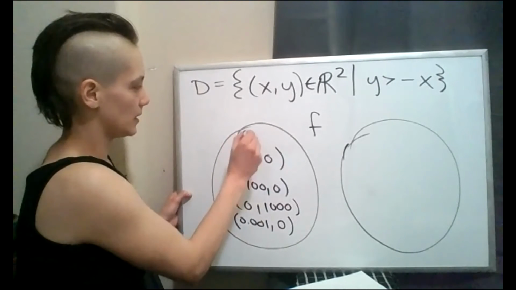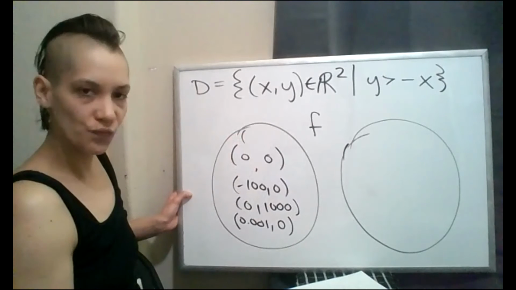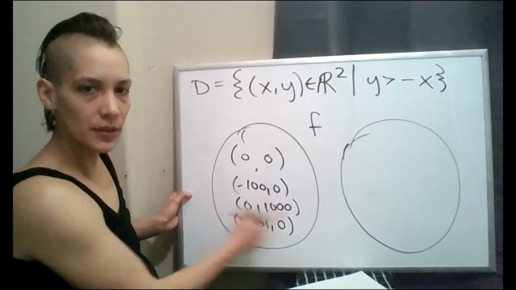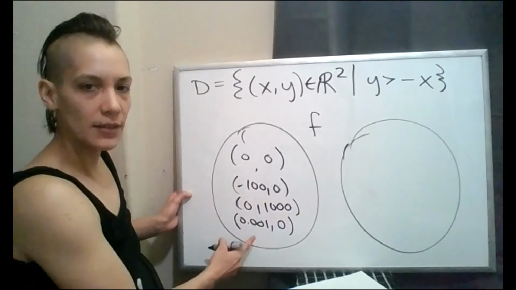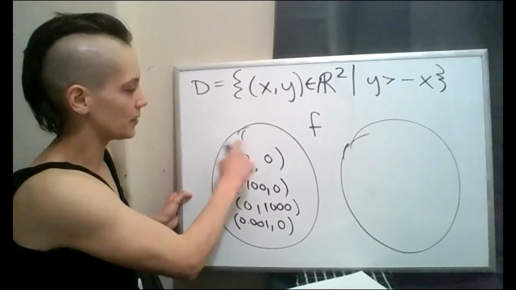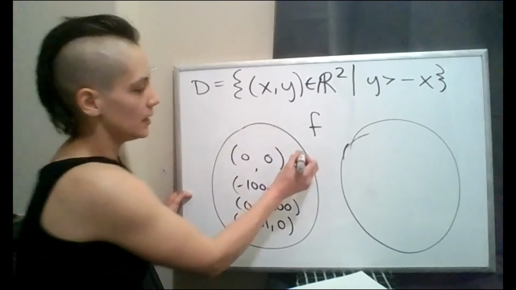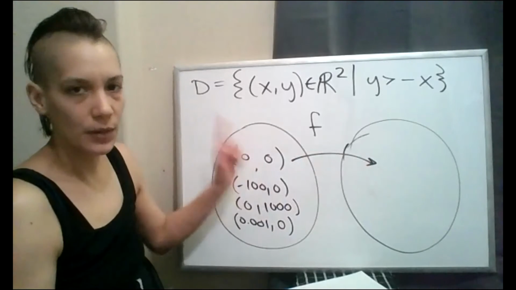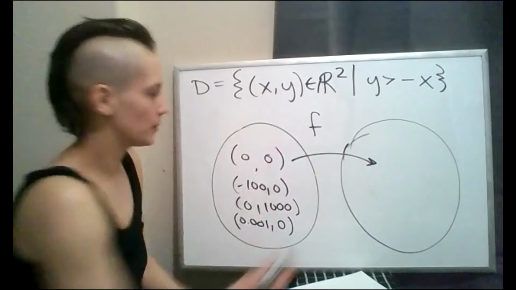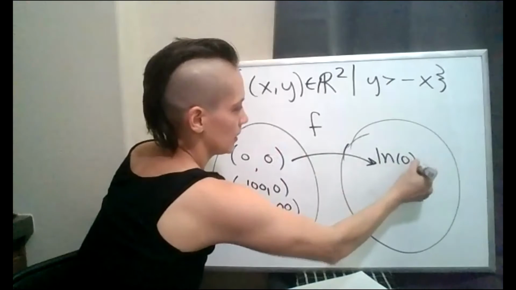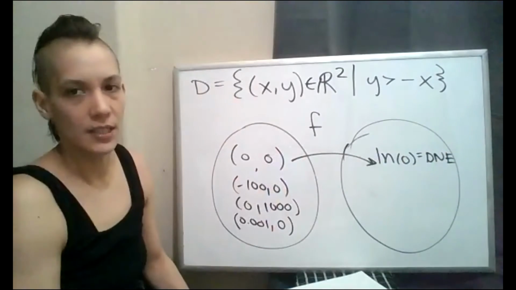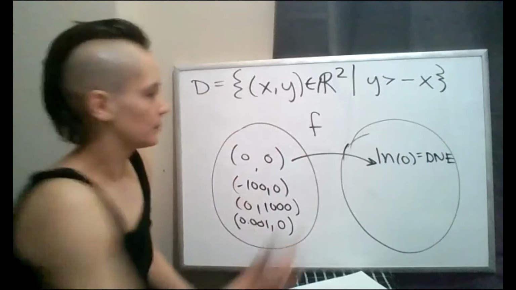And let's put in a large negative number, a large positive number, a little small number. I think that's good enough. So let's try these. F takes 0, 0 to ln of 0 plus 0, which is undefined. Okay.